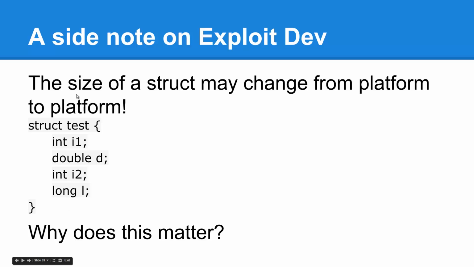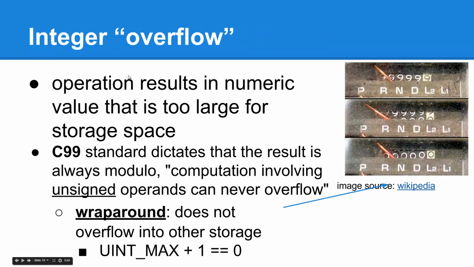If you're doing a heap spray, the size of a struct may actually change from platform to platform, and the thing about it would be the long here would either be 32 bits or 64 bits depending on the platform, and that might affect the chunk that it gets allocated to, whether it's like 32 or 64 or etc. And we're going to cover dynamic memory management and heap management in the next lecture. So keep this in mind.